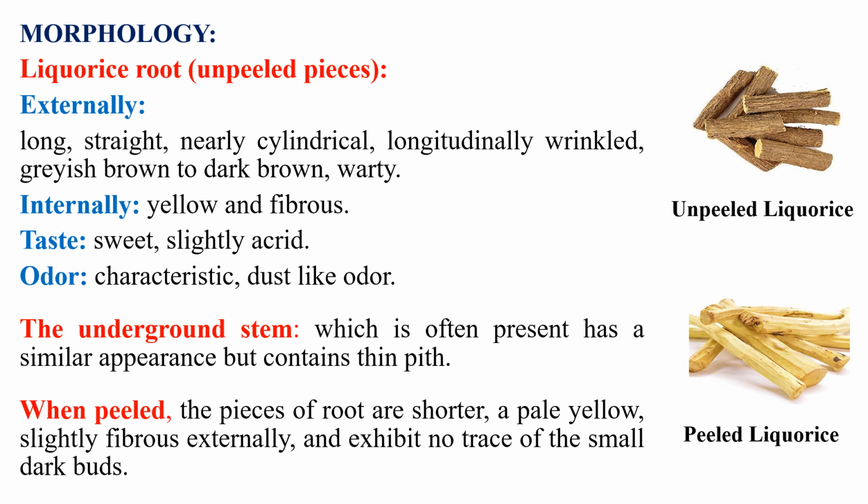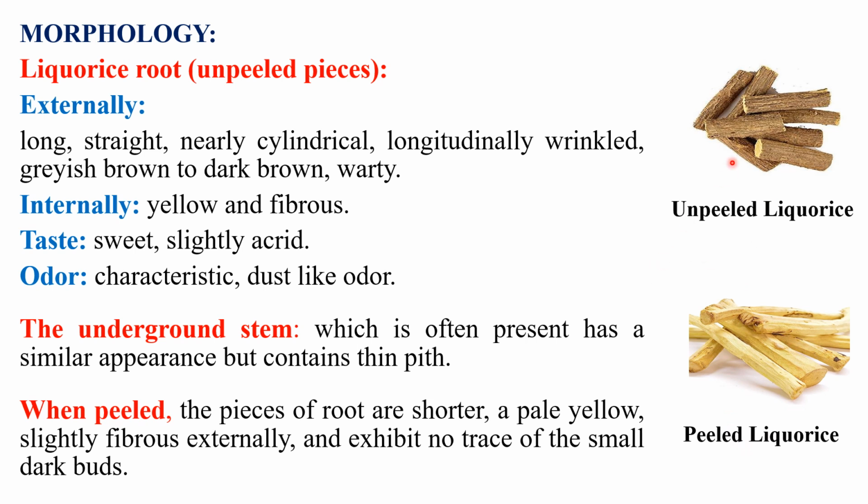So here we will discuss the morphology of both the root and the underground stem, known as stolon. Externally, the root is long, straight, nearly cylindrical, and shows longitudinal wrinkles on its external surface, and is grayish brown to dark brown in color. Internally, it's yellow and fibrous.